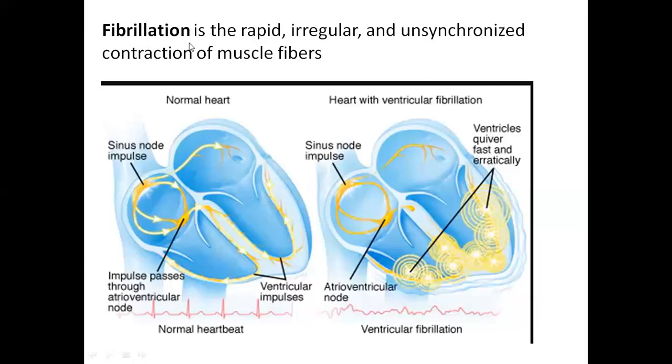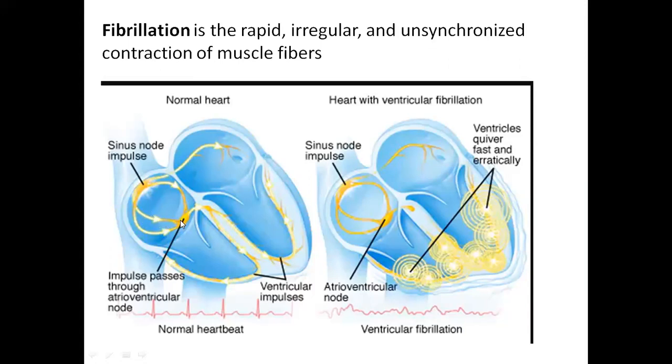See here, on the left side of this figure we have the normal heart. It means regular propagation of the potentials. This is the sinus node, and from here the impulses are transferred to the atria, left atria and right atria.